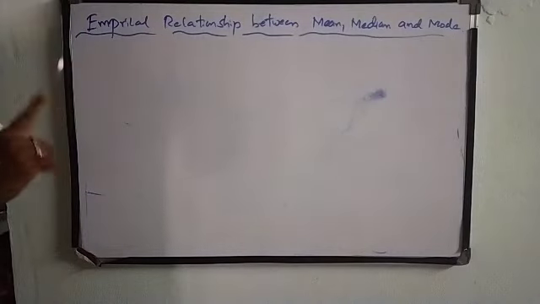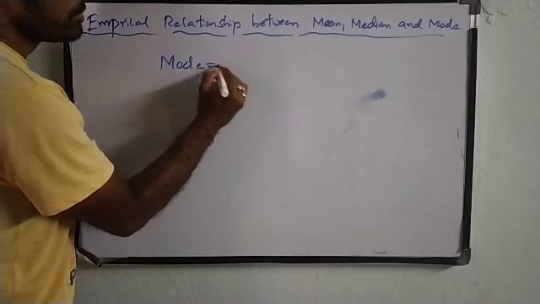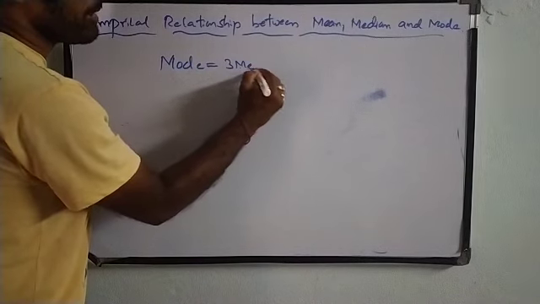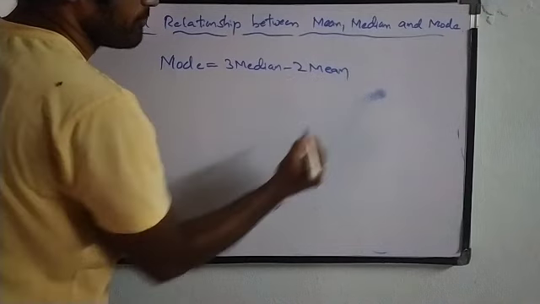Mode is equal to 3 median minus 2 mean. So this is the relationship that we need to remember.